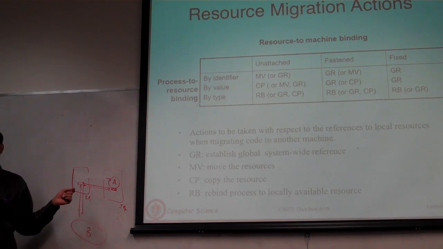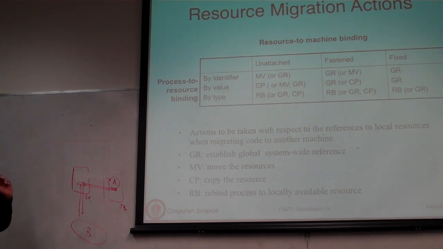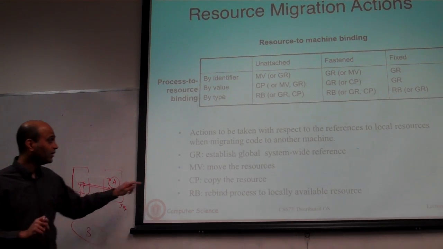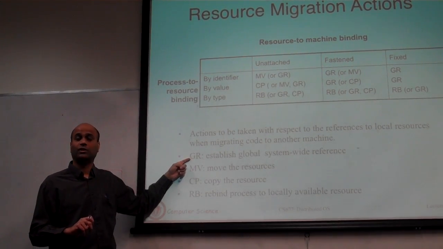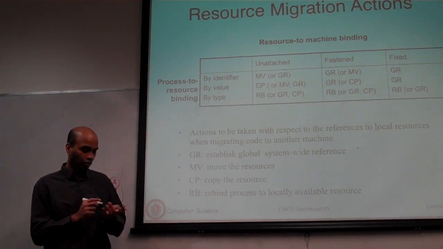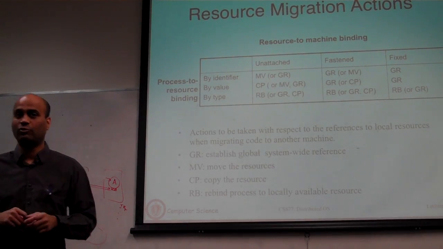This is exactly what you do with the post office when you move. You can leave a forwarding address. That way anybody who sent you snail mail doesn't have to know your move, the mail gets delivered to you. Same thing has to be done here. That's forwarding. But it's not moving or copying for sure. It's not rebinding. What you've essentially done is established a global reference, but it's a funny way to do it.